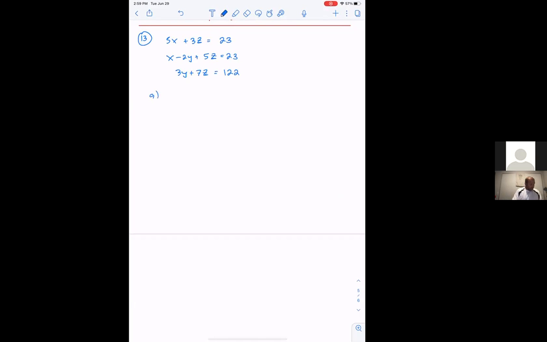Part A, write the system in the form AX equals B. Part B, find A inverse. And part C, hence, solve the system.